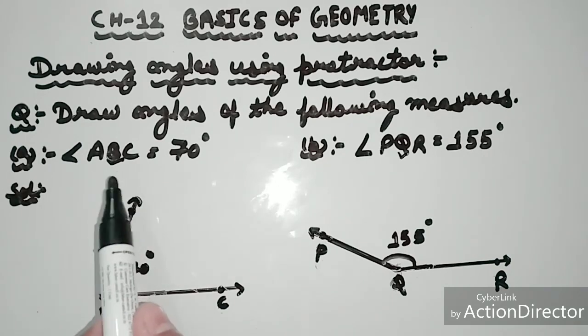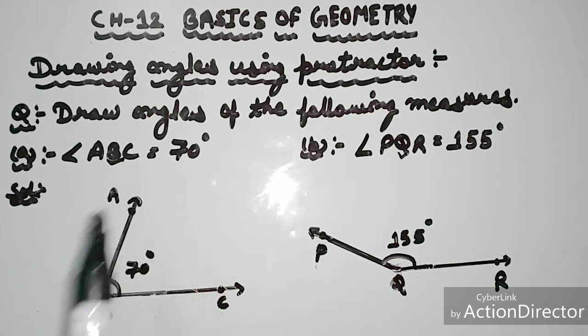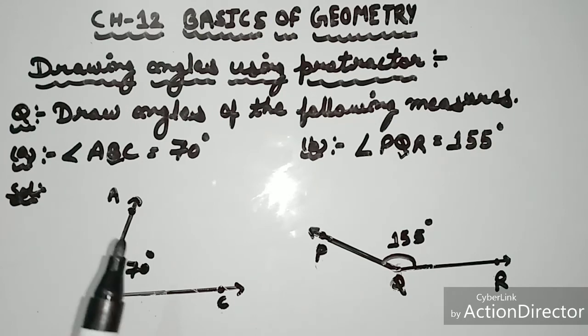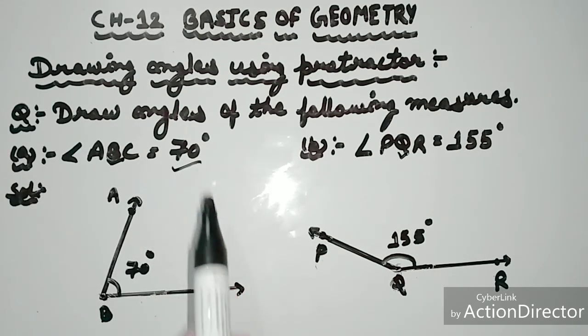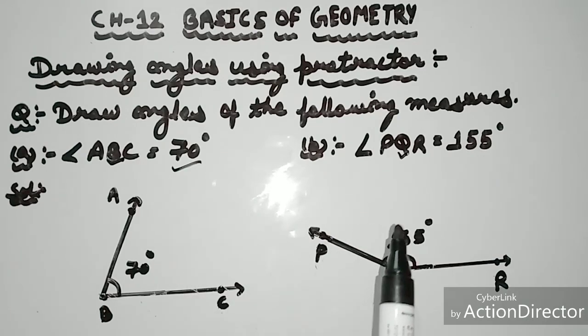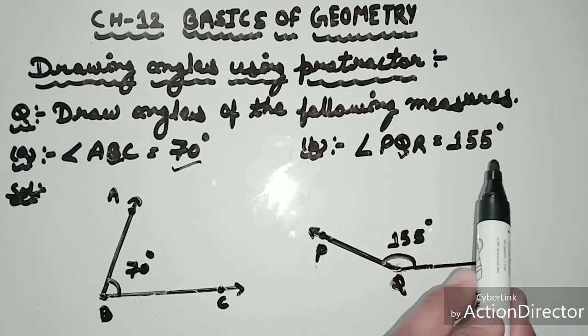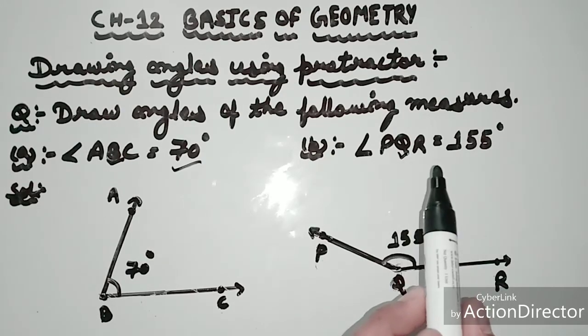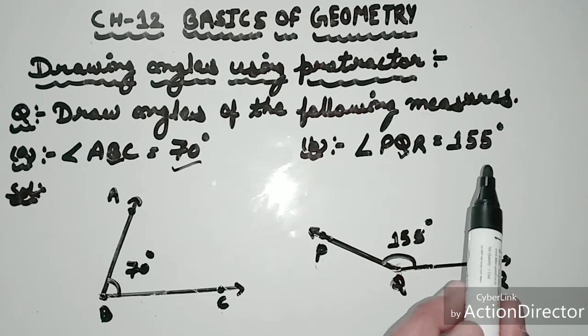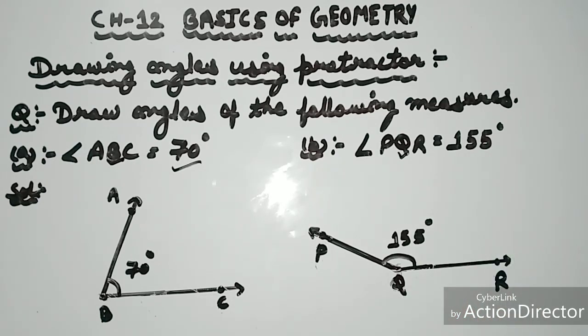So here angle ABC equal to 70 degrees. The angle formed between 0 and 90 degrees is known as an acute angle. So this is an acute angle, 70 degrees, and angle PQR equal to 155 degrees. The angle formed between 90 degrees and 180 degrees is known as an obtuse angle. So a 155 degree angle is an obtuse angle.